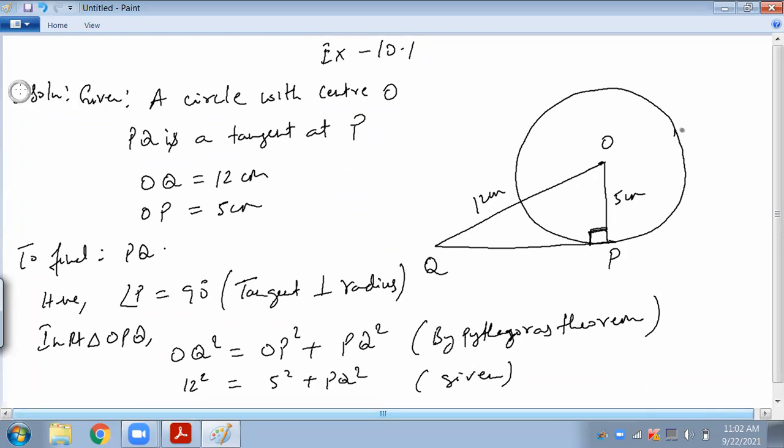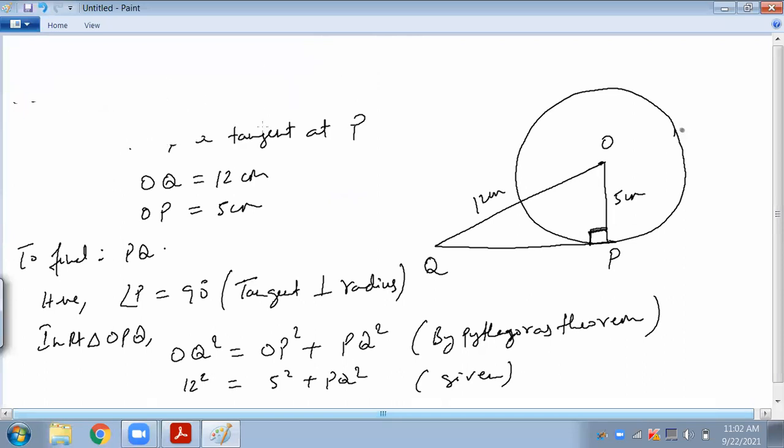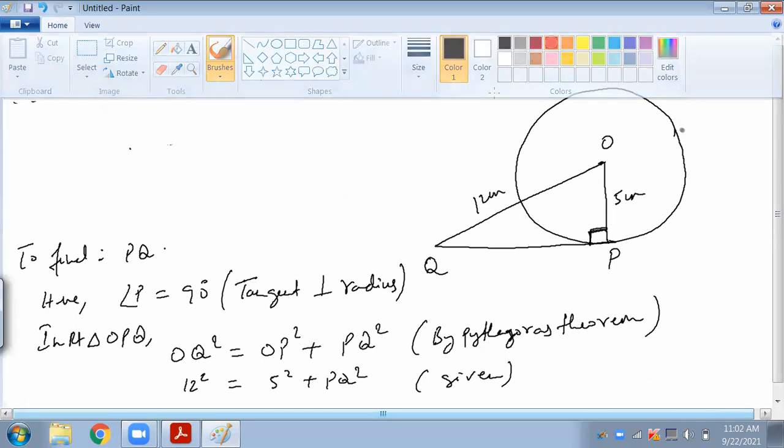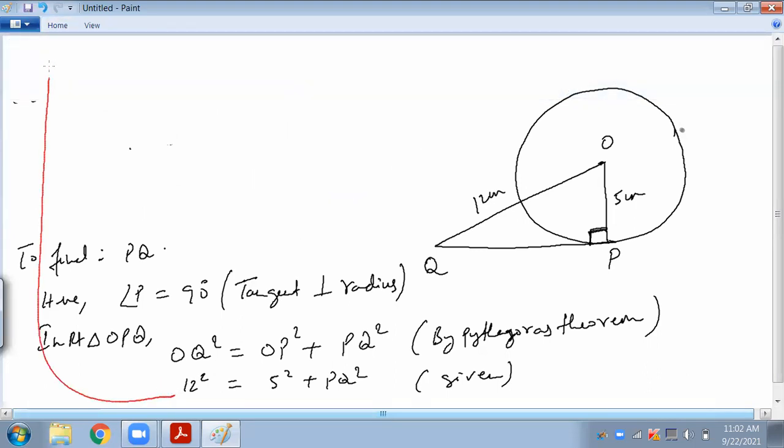Now just solve this. 12 square is 144, equal to 5 square, which is 25, plus PQ square. Whatever you're going to find, we keep it on the same side. PQ is on the right, so keep it on the right and take this 25 to the other side. The plus will become minus.